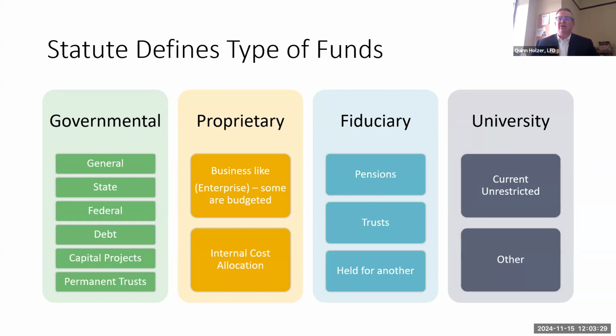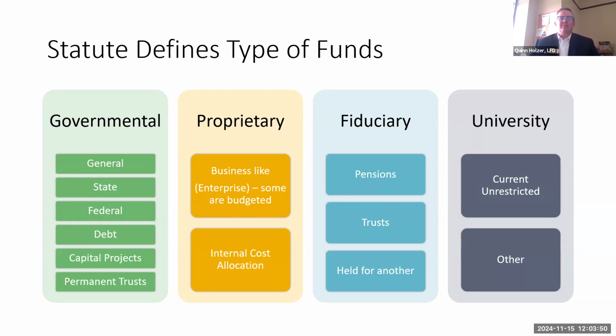Then in the fiduciary category, you can see where things like pensions and trusts fall. The pension system is established in statute, but then the state has a fiduciary responsibility to deal with those. Those funding systems are not dealt with in House Bill 2, or excuse me, the expenditures out of those.